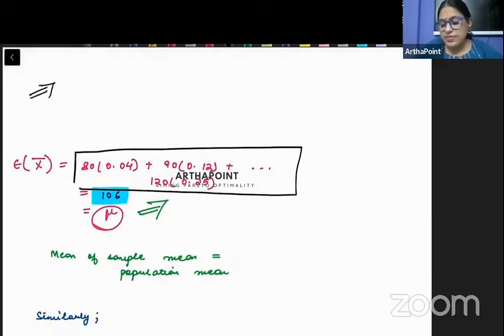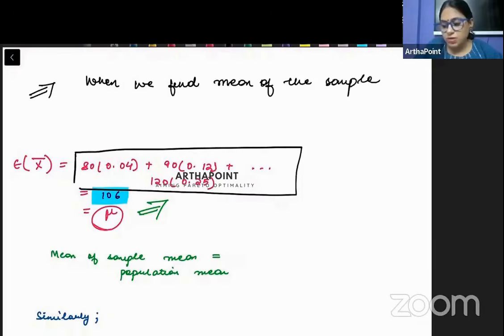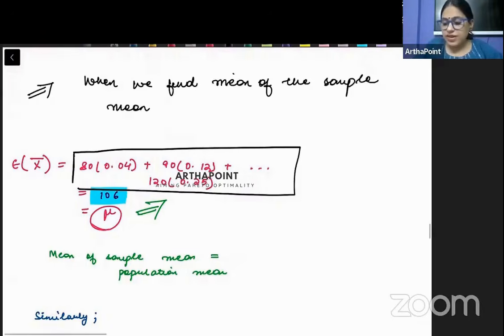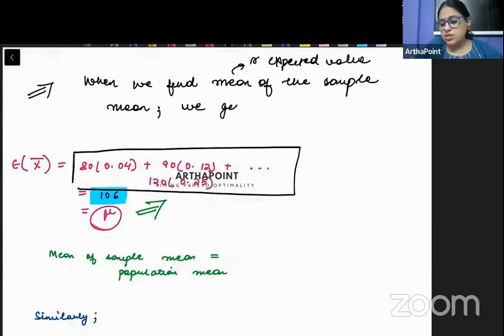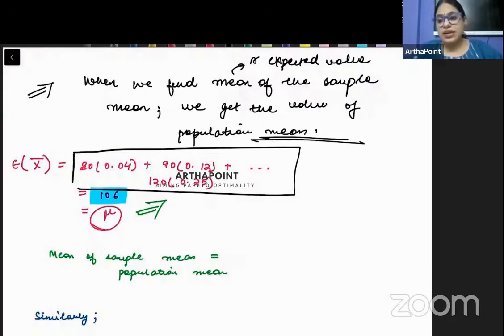Please make a note of it, that when we find the mean or expected value of the sample mean, we get the value of population mean. हमें जो आंसर आता है, that is going to be the same as the population mean. हमें population mean ही मिल जाएगा.